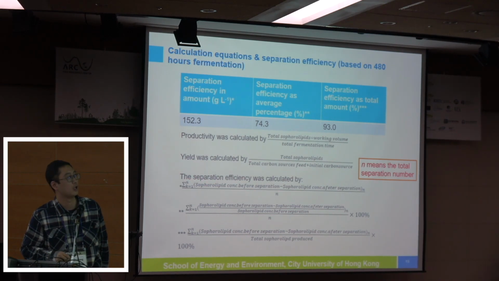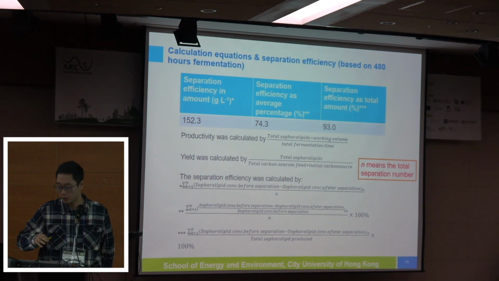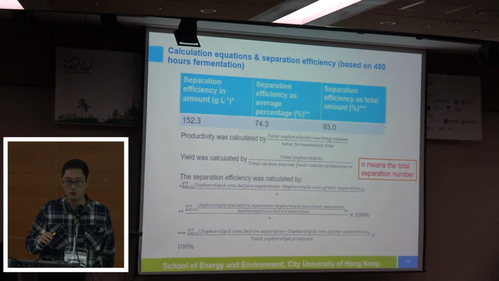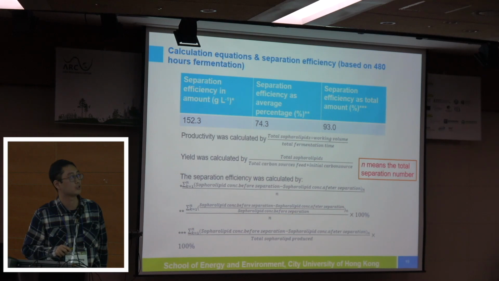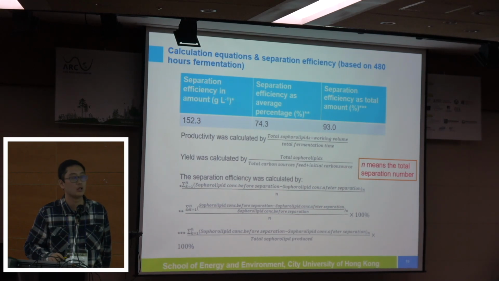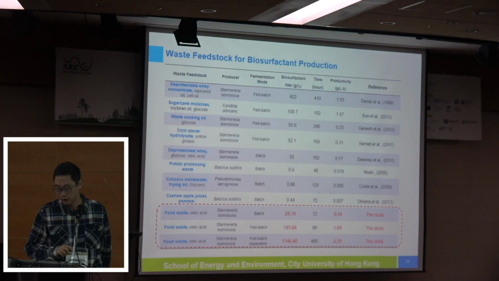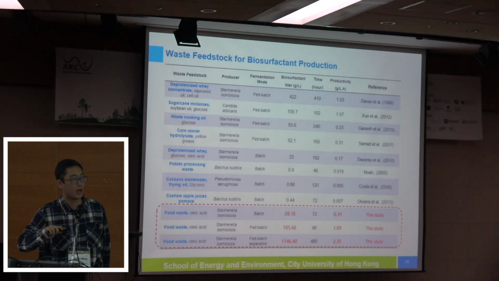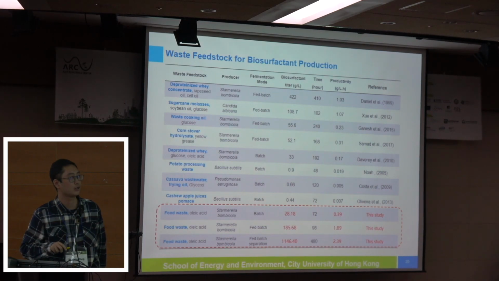Other researchers in the world also do separation for this, but our separation efficiency is very high. Calculated as a percentage, it's around 93%. And here is our work compared to other researchers who are using waste feedstock to produce biosurfactant. We actually reach a very high titer as well as productivity.